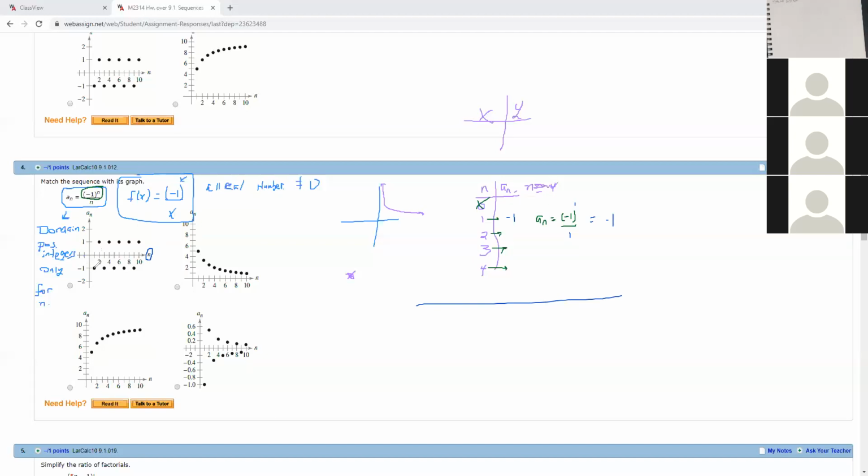Well, that is a -1, so that means this could be the graph. We could eliminate, if possible. This was at n equals 1, and the mapping is up here at 5. Well, then this one's already out. And this one at 1 is -1, so that's possible. So we can't cross that one out. But here at n equals 1, we get 5 again, so this one's out as well. So that means it's either this one or this one.